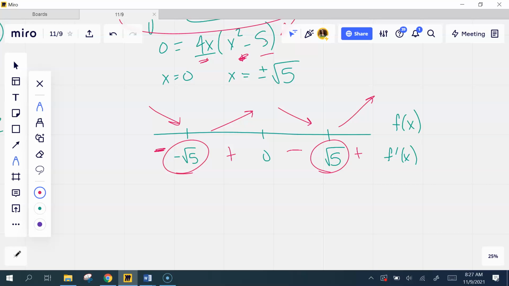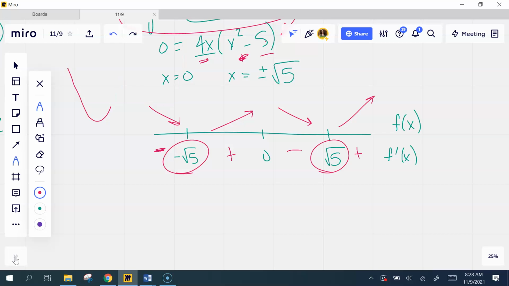It wouldn't have an absolute max, but it would have an absolute min. But this just asks us for locals.